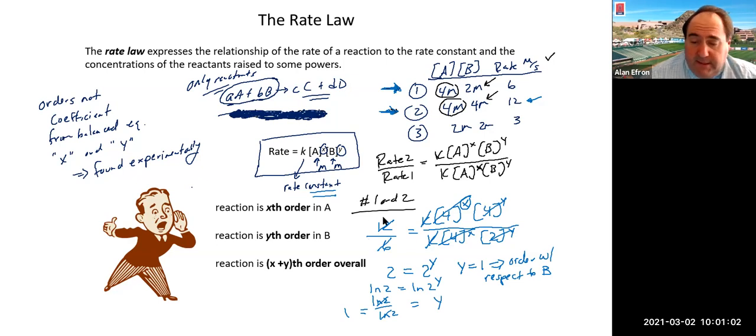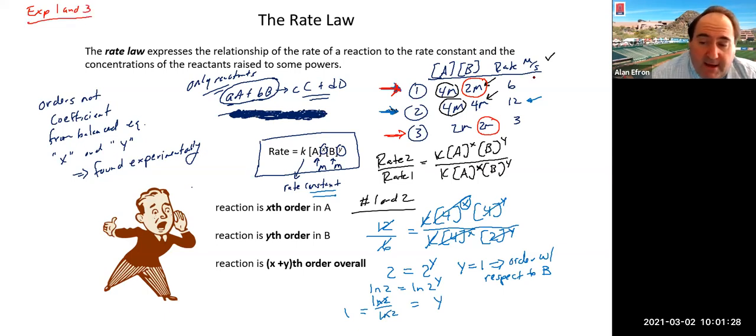In my example here, we'll hope the second part works as well. If I look at keeping B constant, it looks like entry number 1 would do that for me, and entry number 3 would do that for me. So I would go back and do the same thing for experiments 1 and 3.